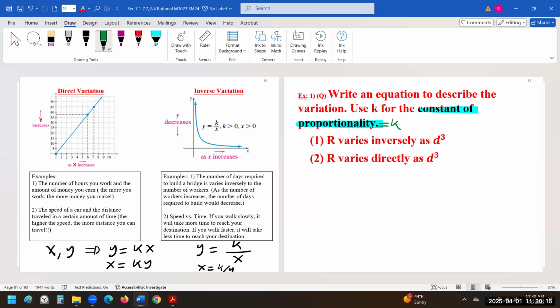R varies inversely as d q. So you write the equation based on what is written in the sentence. The sentence started with R, so the equation must start with R.